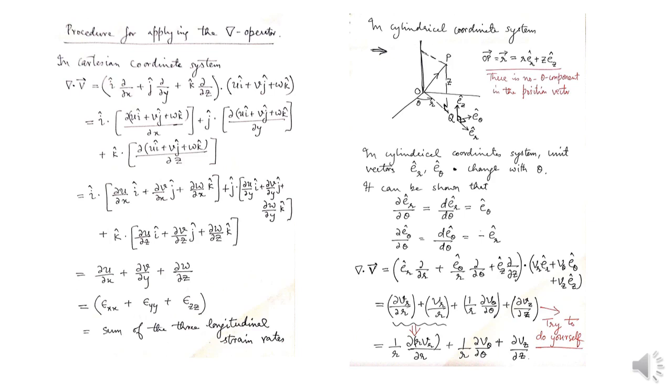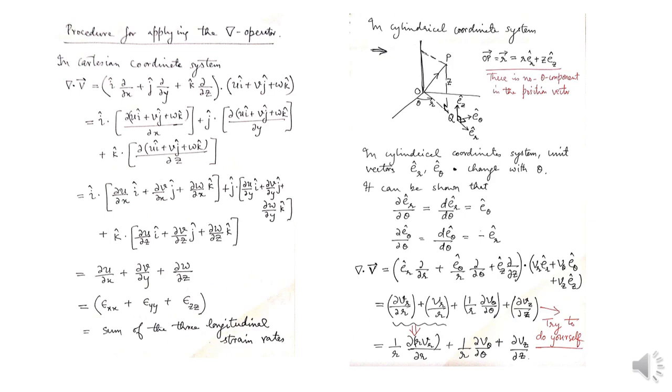So any vector in space like OP is a sum of the radial vector OQ and the axial vector QP. Although the plane changes when we change theta, the plane keeps on containing the position vector OP. So that's why the position vector itself does not contain any theta component.